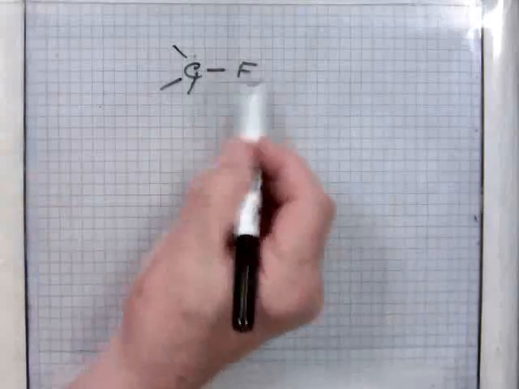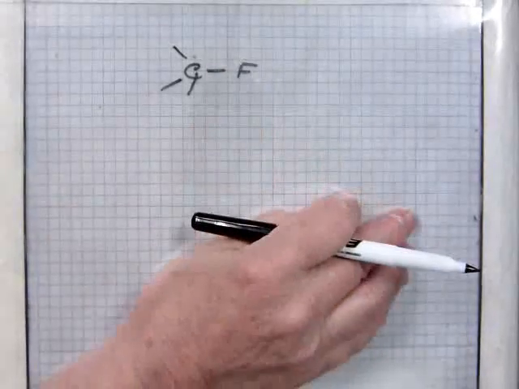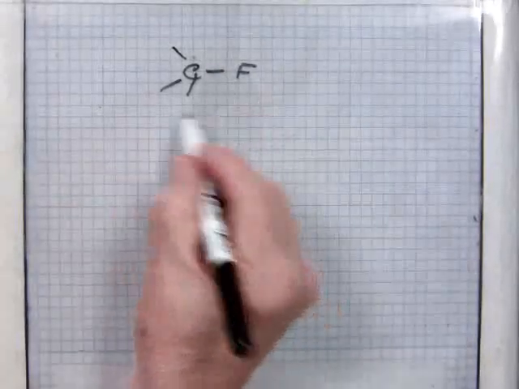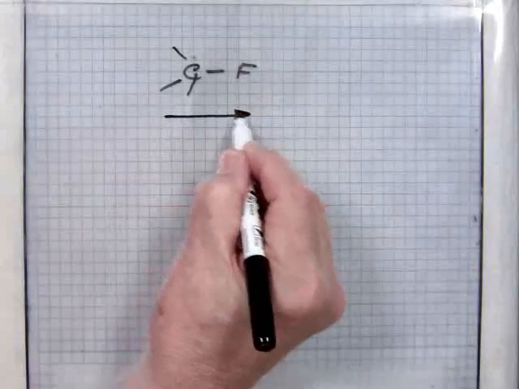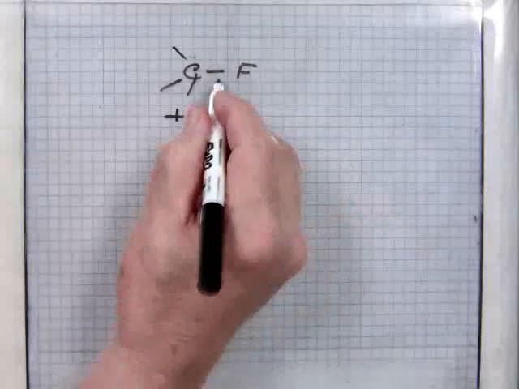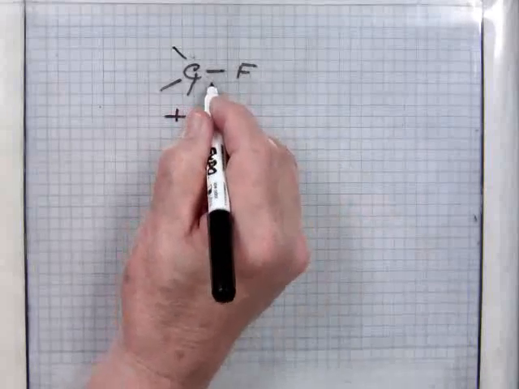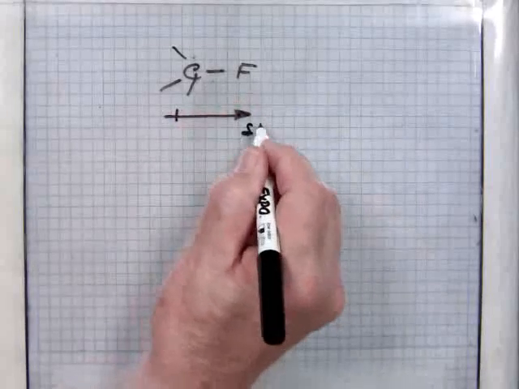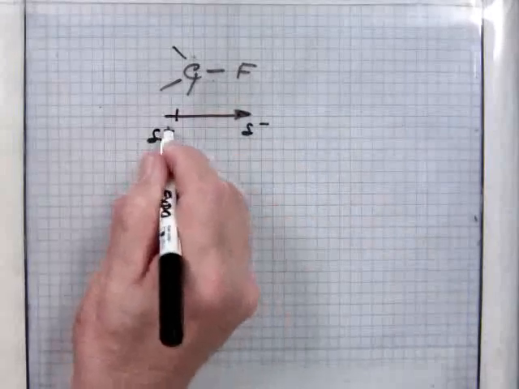And there's a very highly electronegative fluoride. So it's strongly dipolar toward that fluoride, and we have a weak bond. It's partial negative, partial positive.